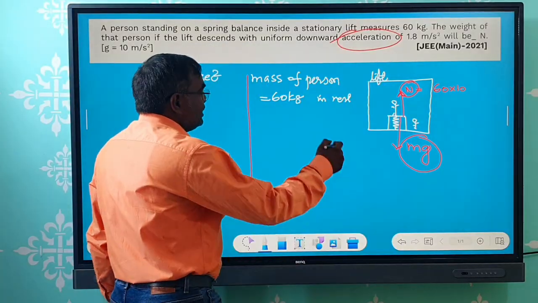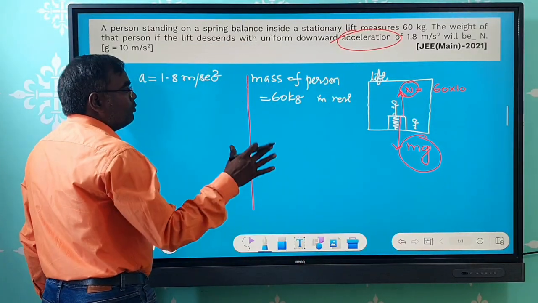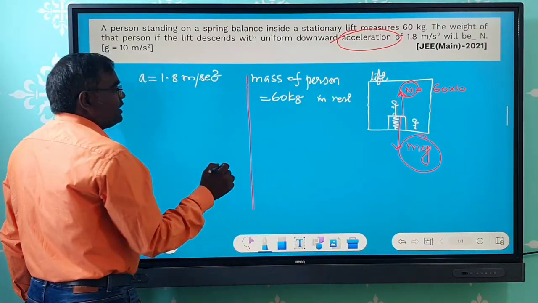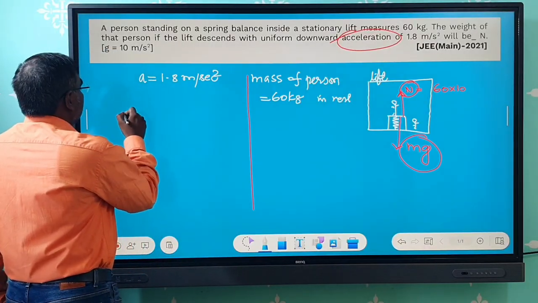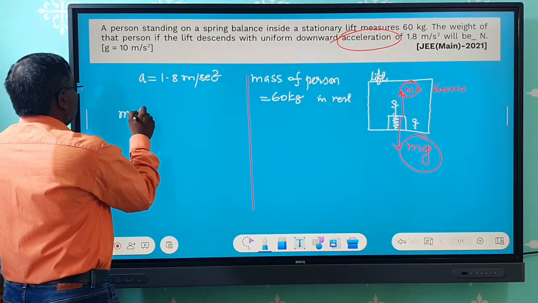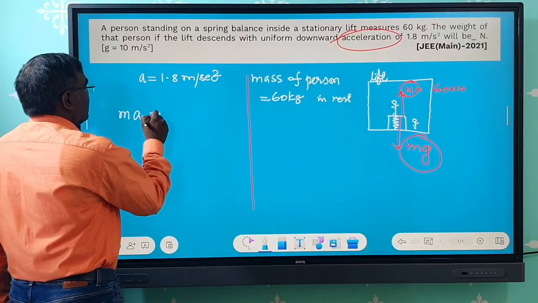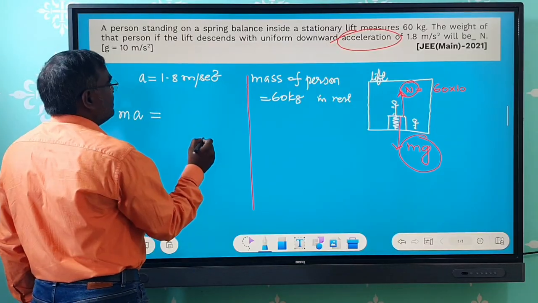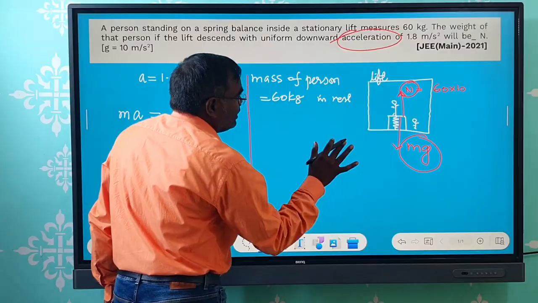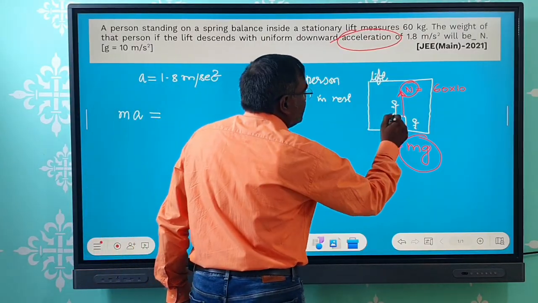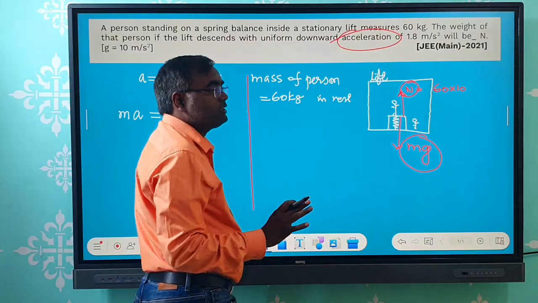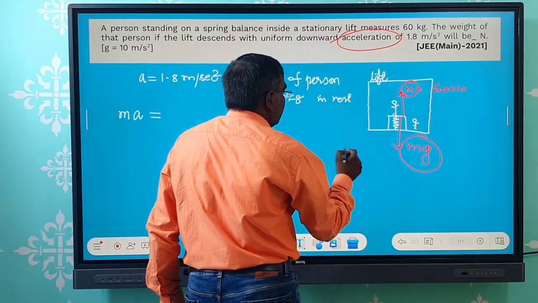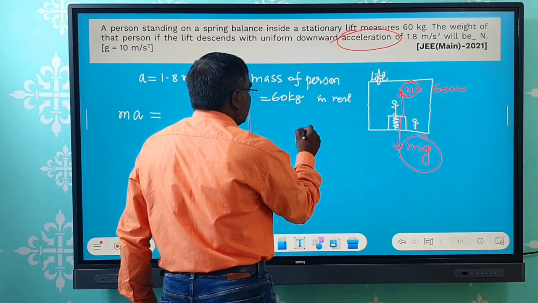So when it is in downward motion, there will be a net force, which is mass into acceleration, and there will be a different normal reaction other than the initial normal reaction. Suppose in that time this normal reaction is N prime.